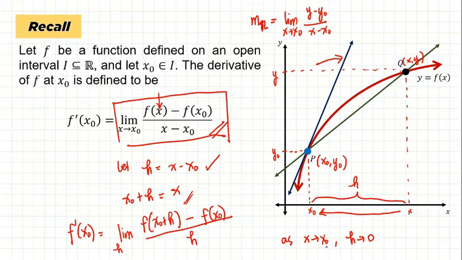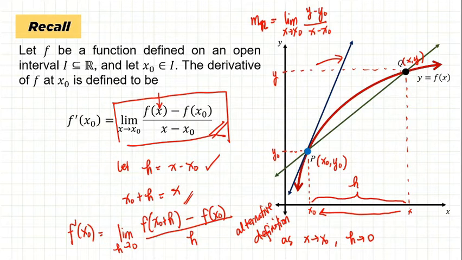And as x approaches x sub o, h will approach 0. And this is now our alternative definition. This is what we will use to solve for the derivative of those functions that the original definition cannot handle.